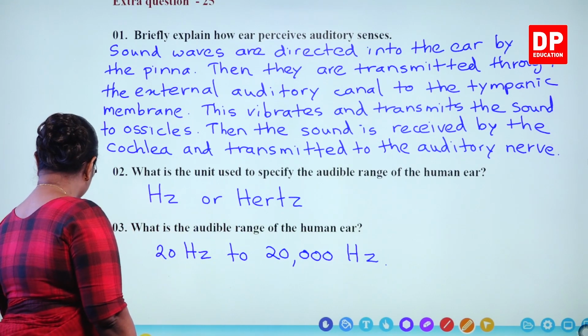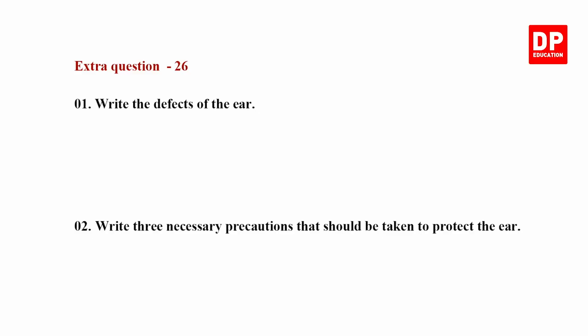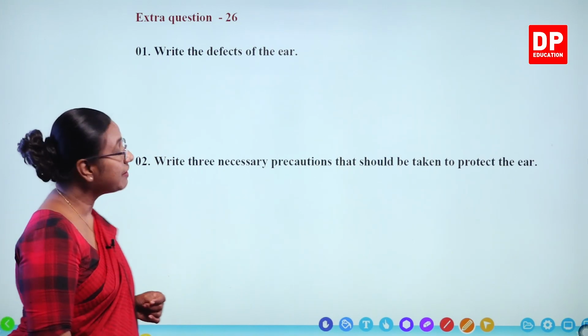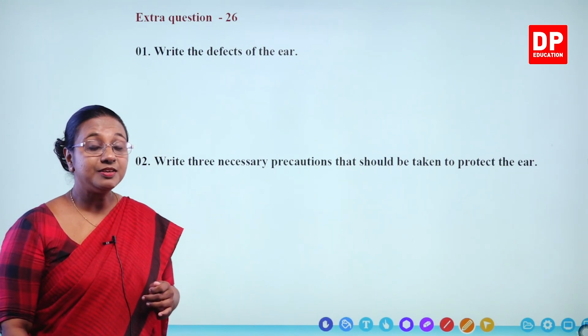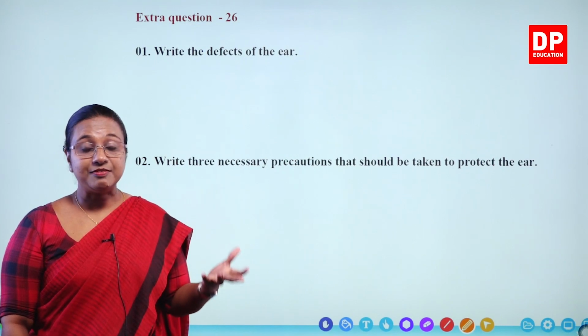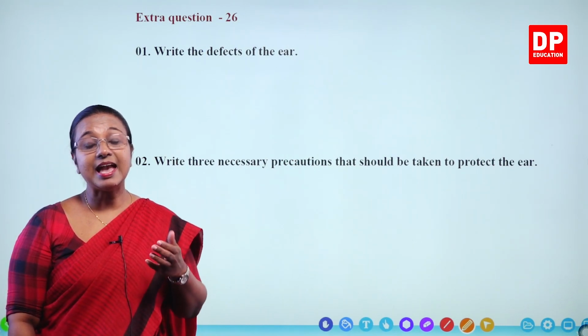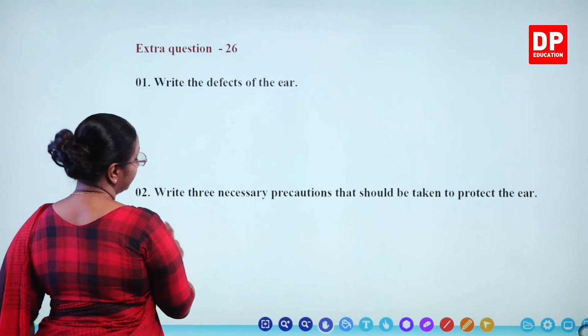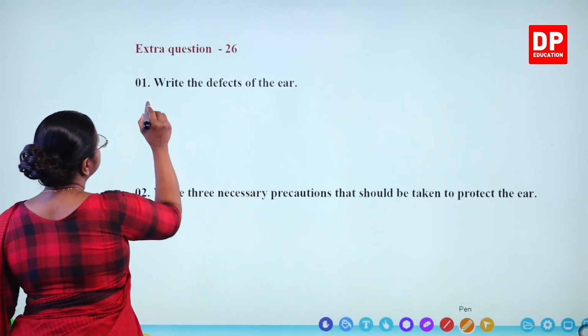With that, the last question, extra question 26. Write the defects of the ear. What are the defects of the ear? Deafness, impaired hearing and hardening of ossicles. So you have to write those three defects.